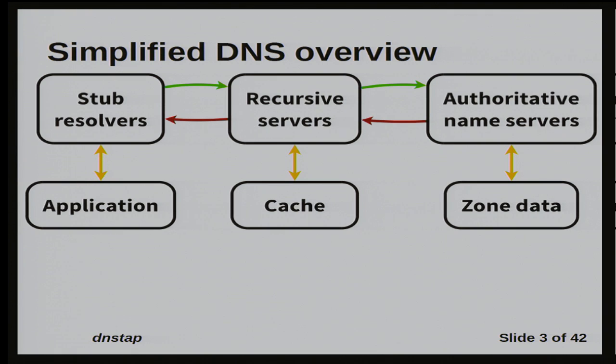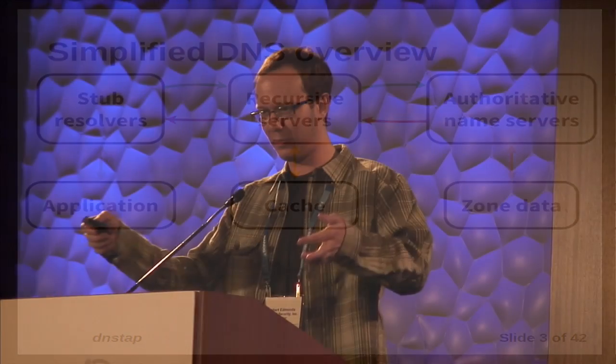So here's our simplified RFC style DNS overview. We have some DNS protocol endpoints, these stub resolvers, recursive servers, authoritative name servers. Then on the bottom we have these applications and caches and zone data. Basically, an application wants to do a DNS lookup, so it talks to its local stub resolver. The stub resolver then talks to a recursive server, and if it doesn't have the information it needs in its cache, it talks to one or more authoritative name servers, and the name servers have the zone data that's needed, returns to the recursive servers.